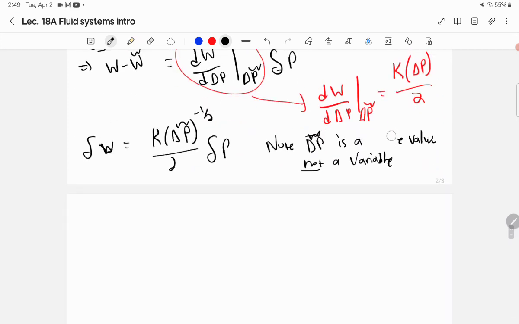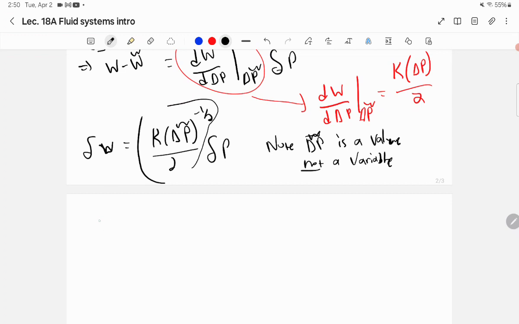I shouldn't say a single value, it is a value, because there could be multiple equilibrium points, right? But it's not a variable. And so because of that, we can then just substitute in whatever that value is. So this just becomes some kind of constant term.